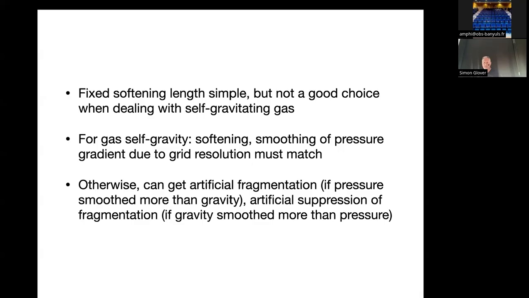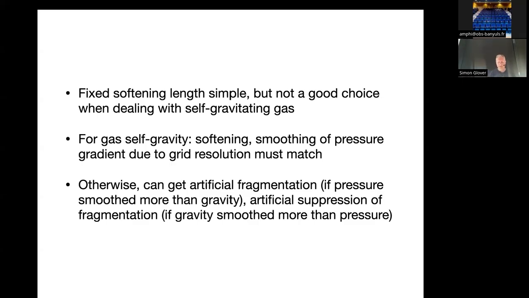And we've realized for a long time that once you have gas and self-gravity, it's important to make sure that the gravitational softening and the inherent smoothing of the pressure gradient you get due to your limited resolution match. And if they don't, if you're softening gravity more than the pressure or softening pressure more than gravity, you can either get artificial fragmentation or artificial suppression of fragmentation.